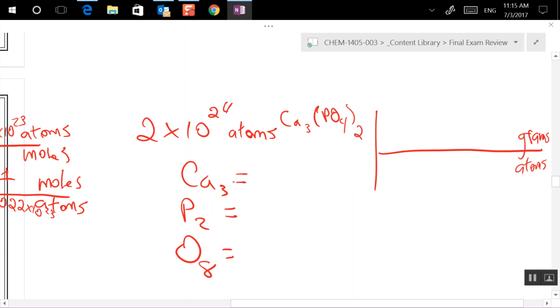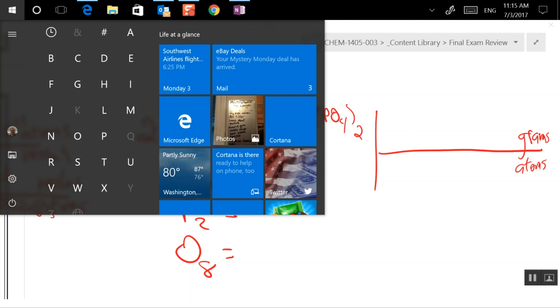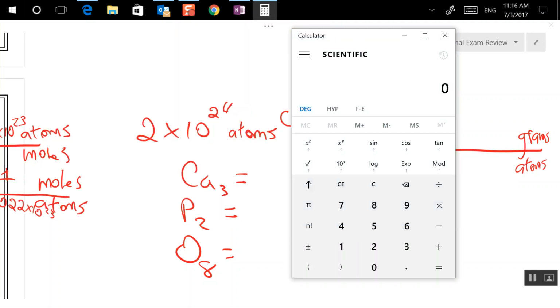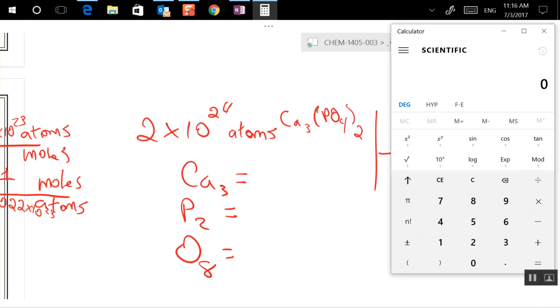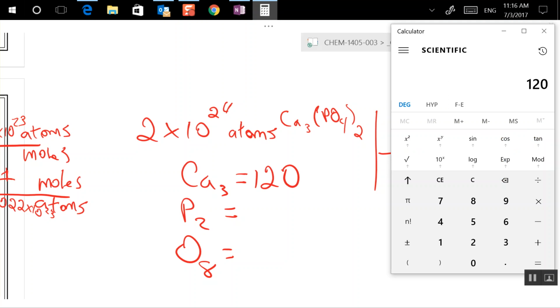So calcium. Well, here, let's just do it here. So we can see how this is. Calcium has a mass of 40. So we'd say 40 times 3 gives me 120. Phosphorus has a mass of 31. So we'd say 31 times 2.